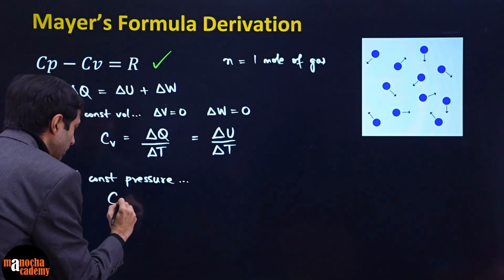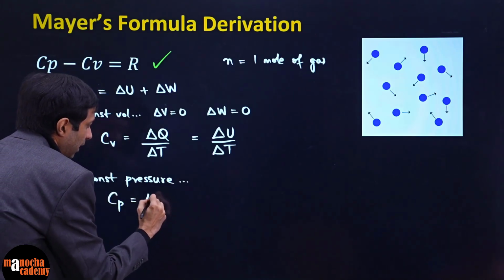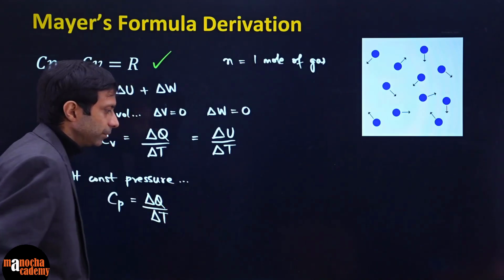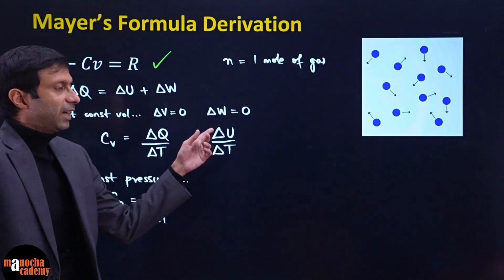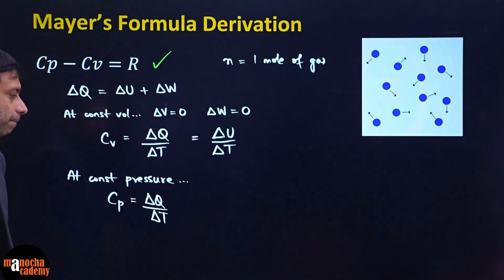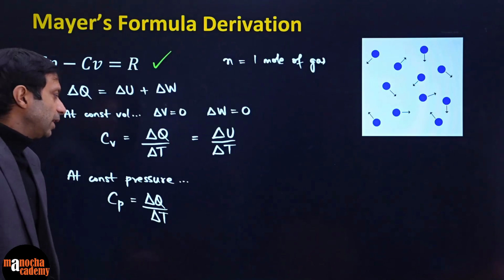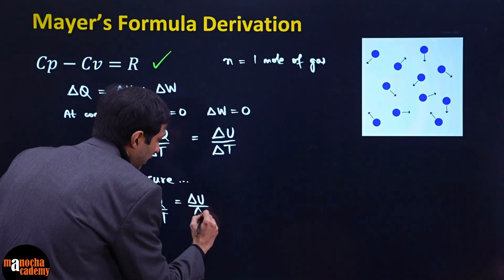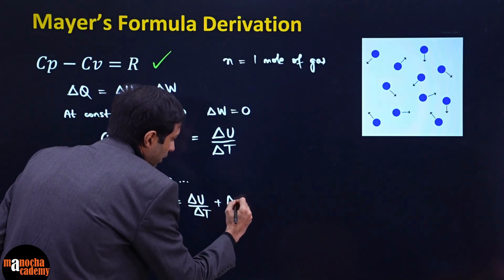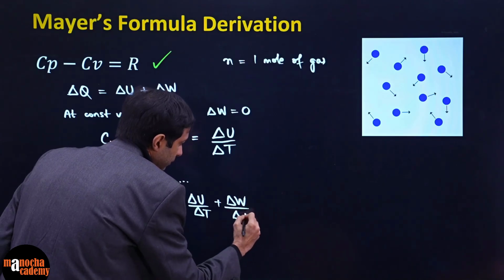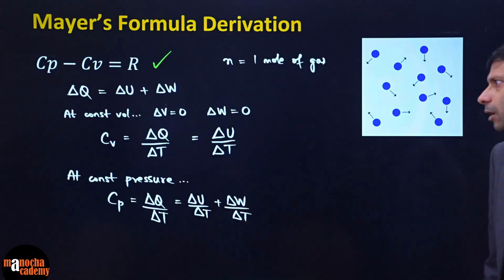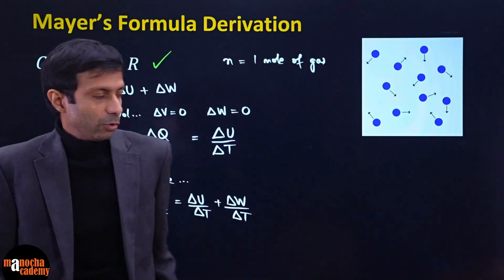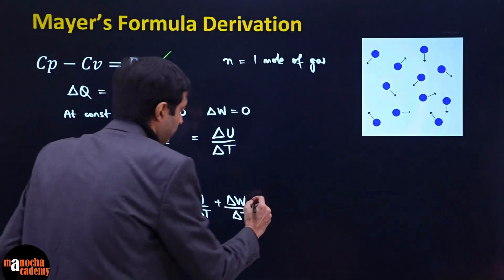At constant pressure, Cp is basically delta Q by delta T. Yes or no? Same thing for 1 mole. But this time I can't say delta U by delta T, because there's some work done. So this time I have to say that this is equal to delta U by delta T plus the work done, delta W by delta T. Now here the pressure is constant, so work we can simply write as P delta V. We can bring the P outside, so at constant pressure that makes things easy for us.